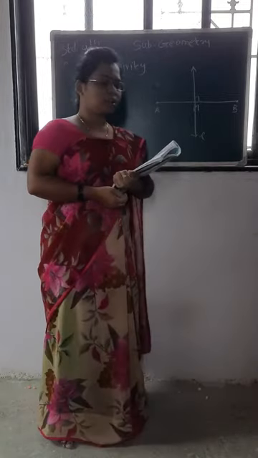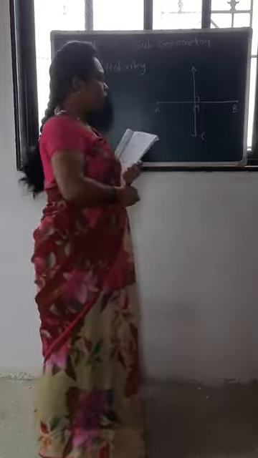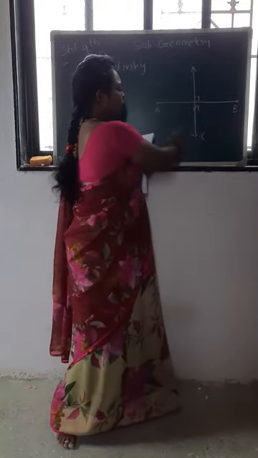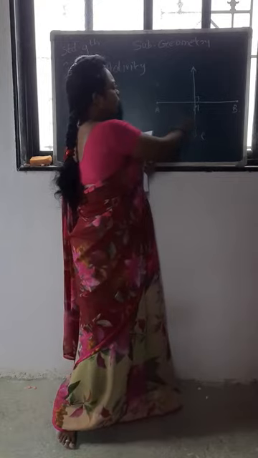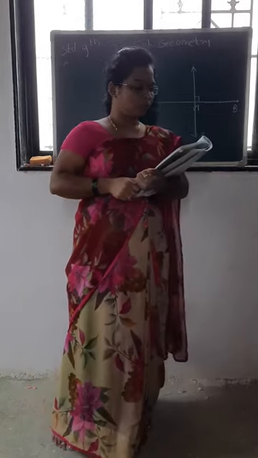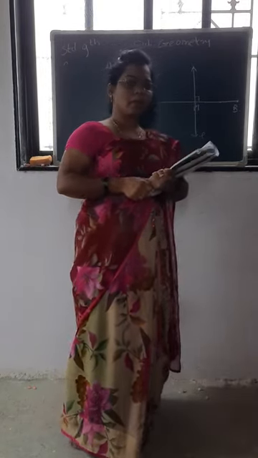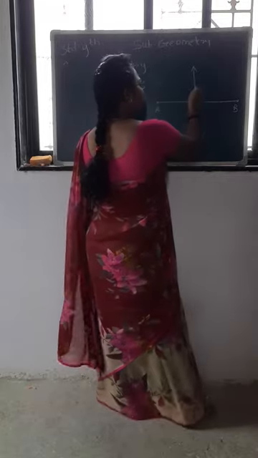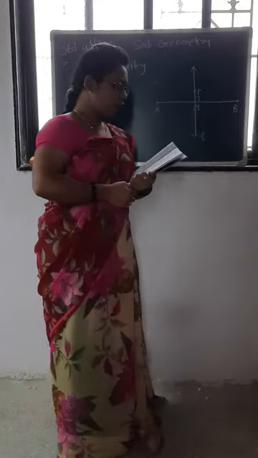Did you notice that the line l is a bisector of segment AB? Line l bisects the segment AB at point M. Now take a point P anywhere on line l.